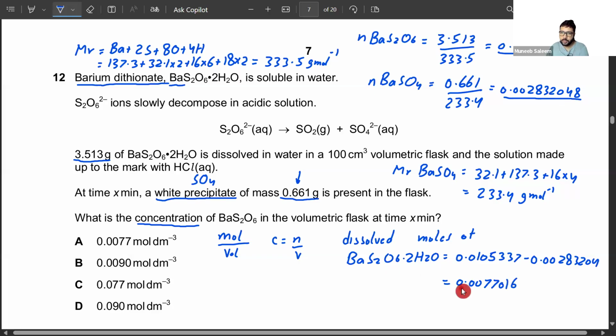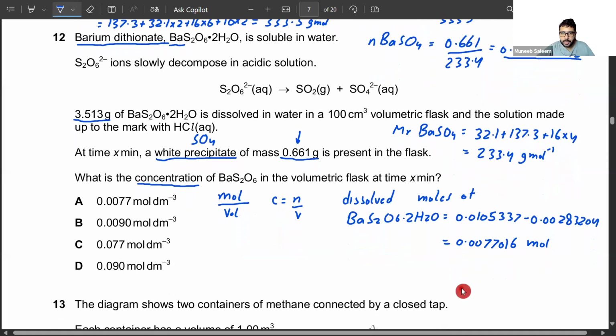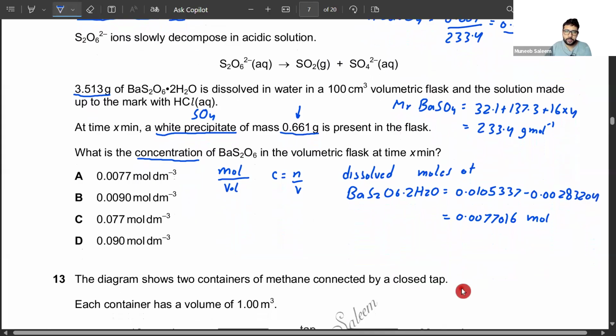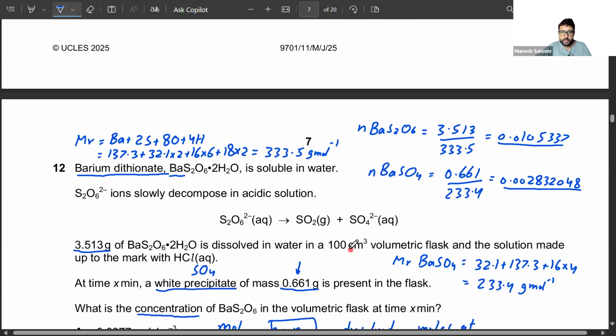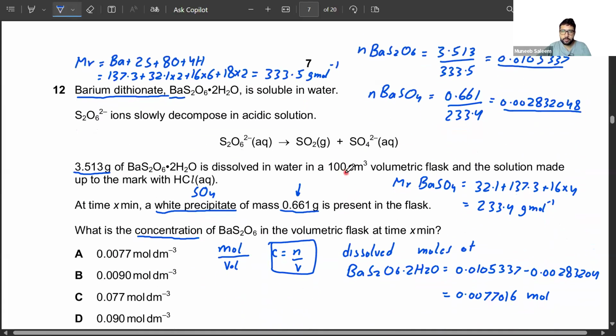So this is the mole of the barium compound that has been dissolved. Now we just need to use this formula to convert into concentration. The value for the volume comes from here. It is equivalent to 100 cm cube, and we need answer in dm cube. So it is equal to 0.1 dm cube.